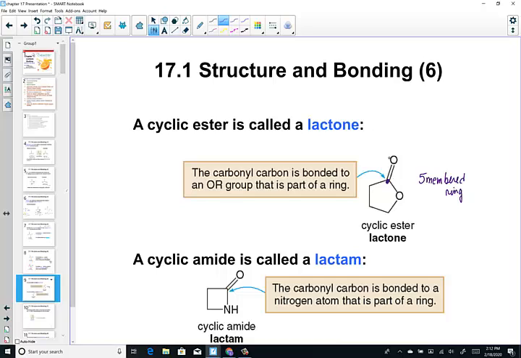That's your carbon attached by a double bond to oxygen, which also leads out to an oxygen from the other direction. So this carbon is attached double bond this way and a single bond this way. That is a cyclic ester, a 5-membered ring where we still have C double bond O, R on either side. It's just that these R's are attached to each other in a cyclic ring.